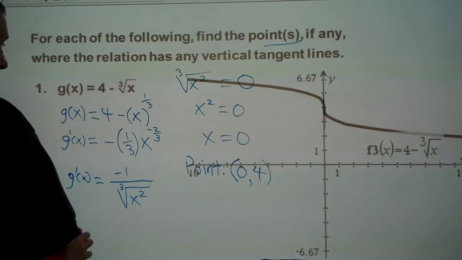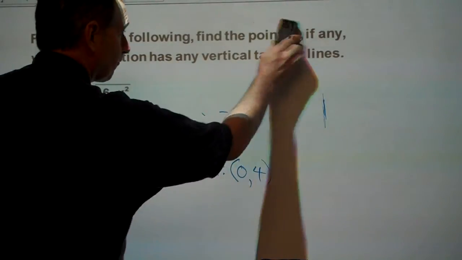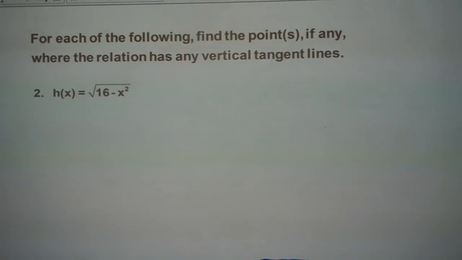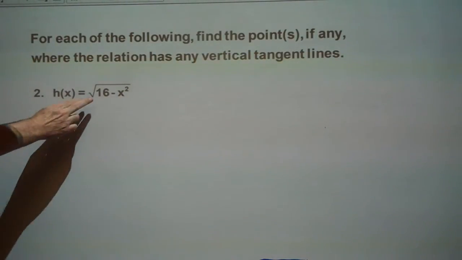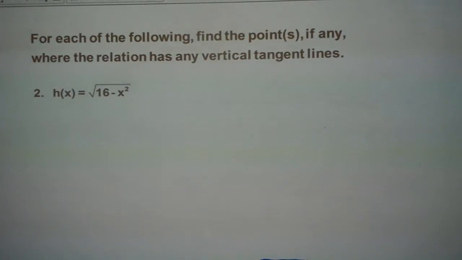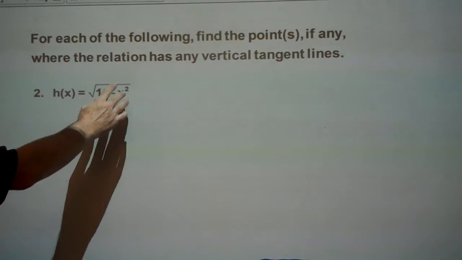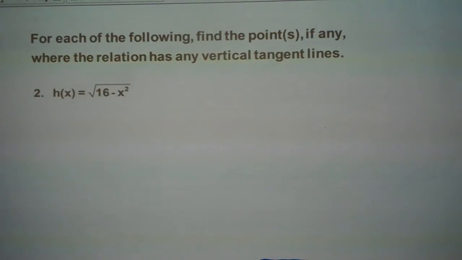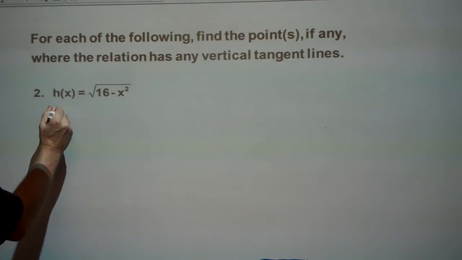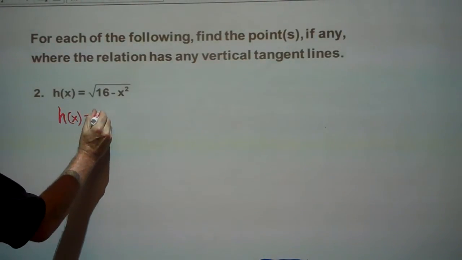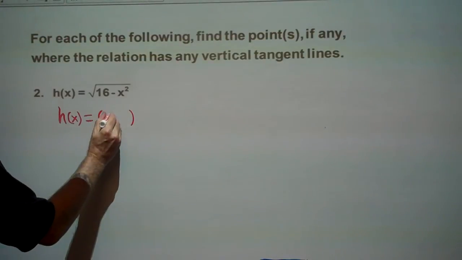Next problem. h of x equals the square root of quantity 16 minus x squared. You might recognize this as a formula for a circle, or rather a semicircle, but we're going to do the same thing we did earlier, and that is rewrite this function in what I call calculus-friendly form.